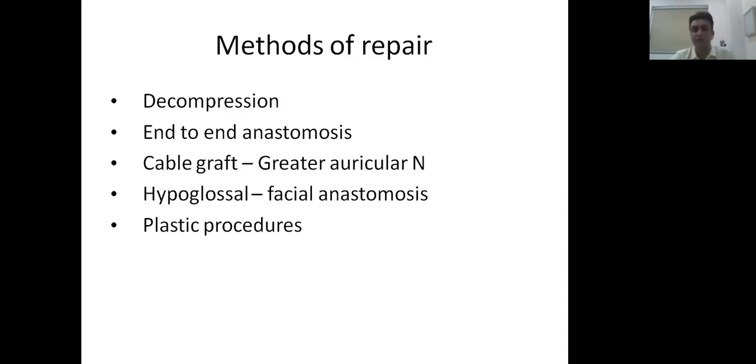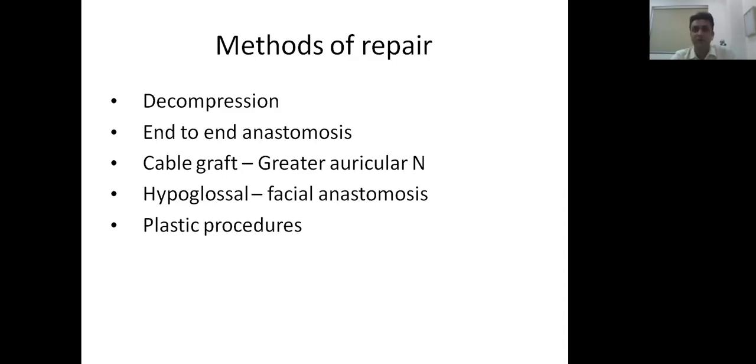Traumatic paralysis of the facial nerve develops when there is a fracture of the temporal bone. And in that, we have to see two things. If it is complete and immediate, we may have to repair it surgically. Otherwise, it recovers on its own.